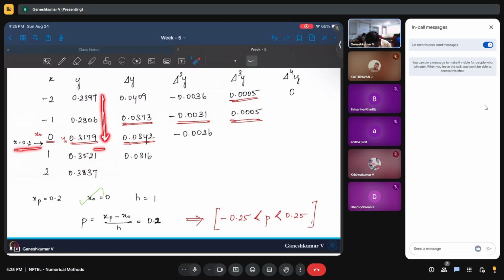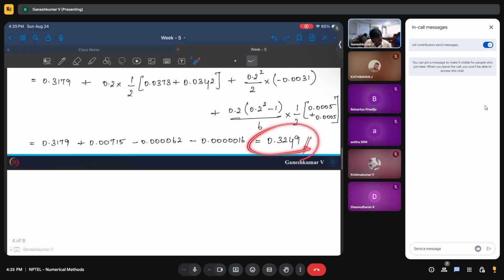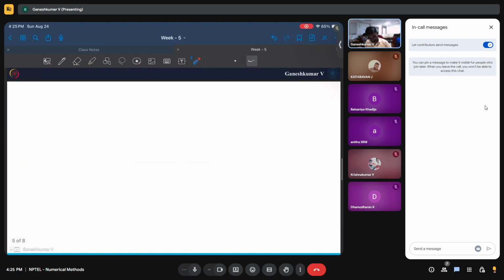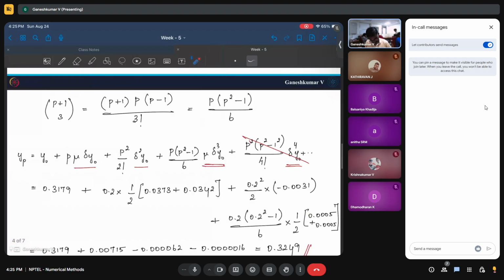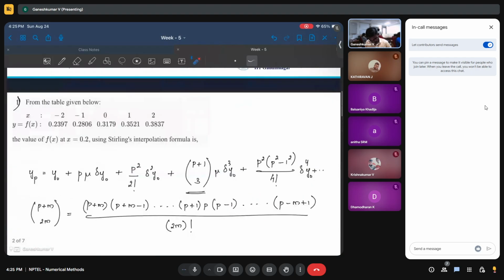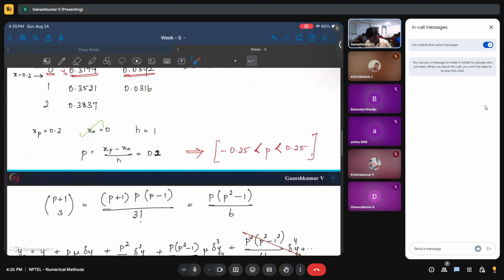So we expect at x equal to 0.2 to be a little higher than 0.3179, which is what you see here, 0.3249. Okay, is that clear? So this is how you can do Stirling's interpolation formula.